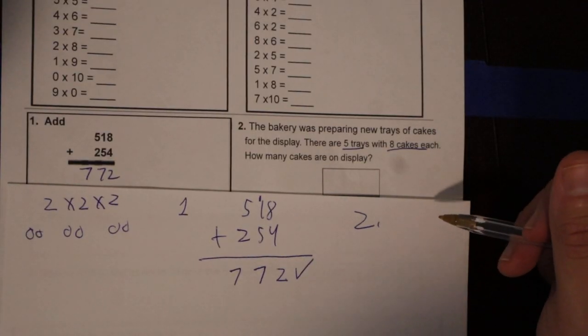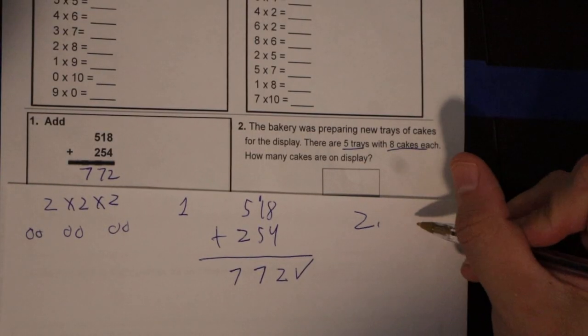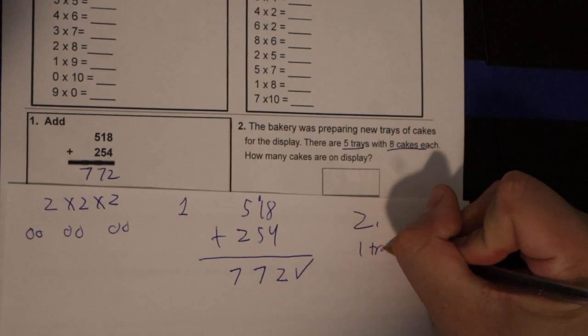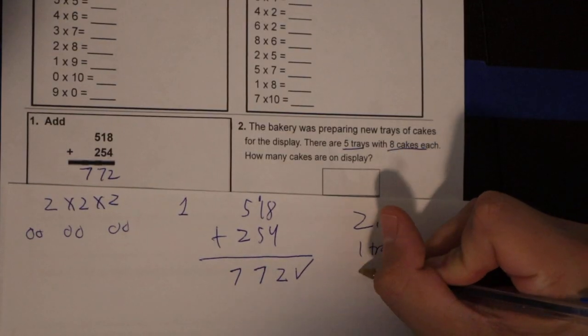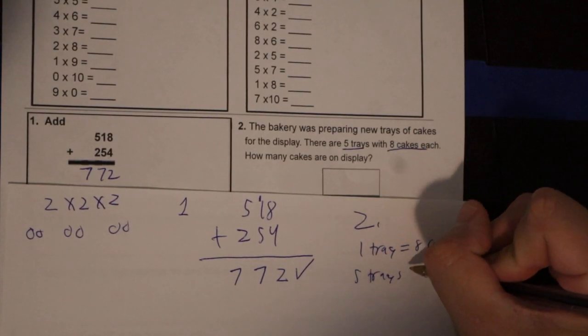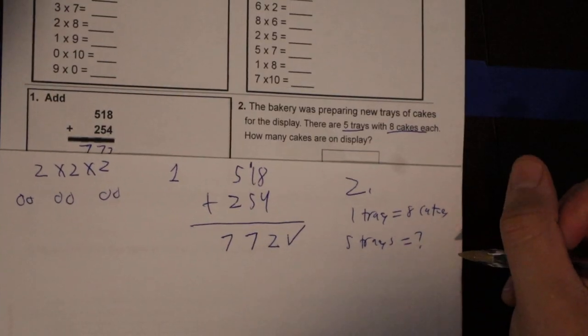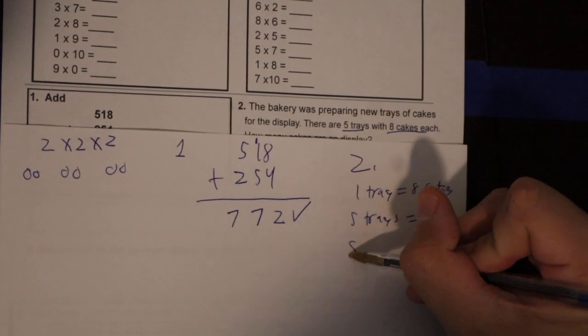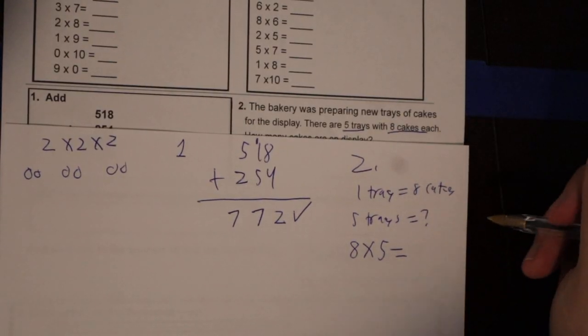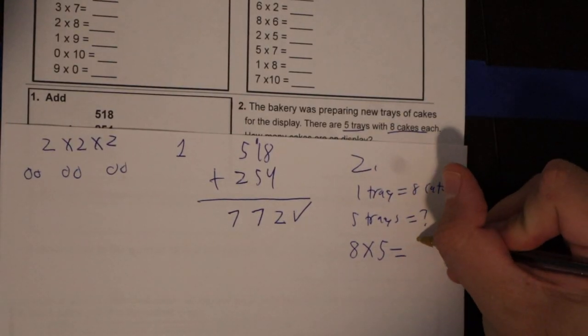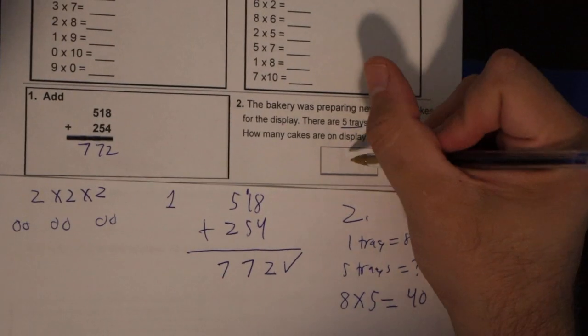Each tray has 8 cakes, so 1 tray equals 8 cakes. And there are 5 trays, which means that is equal to how many cakes? So we're going to do 8 times 5. What does that equal? 40.